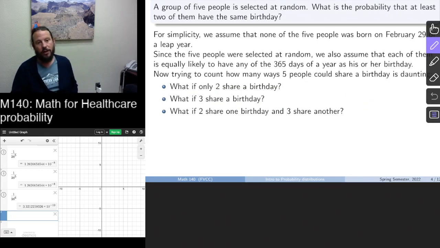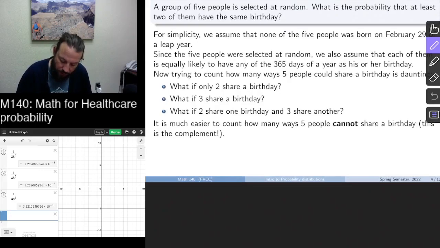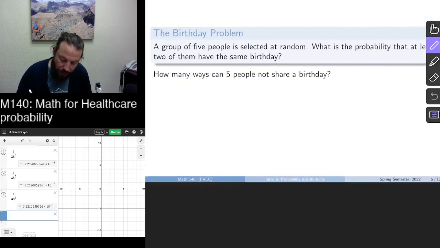Now, as far as counting the numerator, it becomes difficult because there's lots of ways two people could share a birthday. Two could share it, three could share one, two could share one, three could share another. So what we're going to do is find the complement of what we're asking for, and that is how many ways can 5 people not share a birthday?